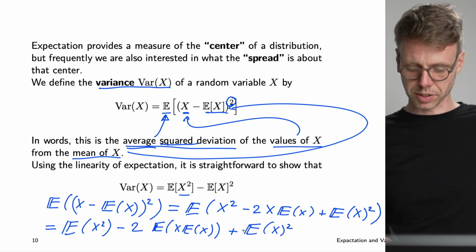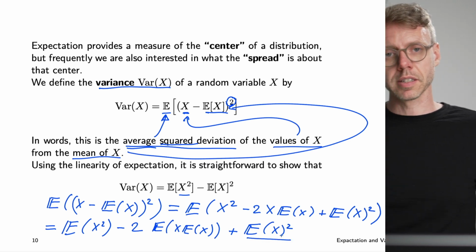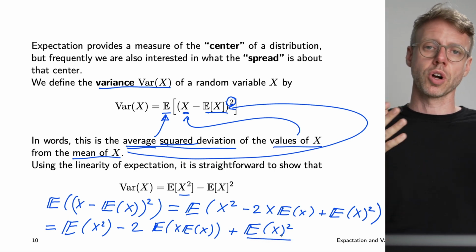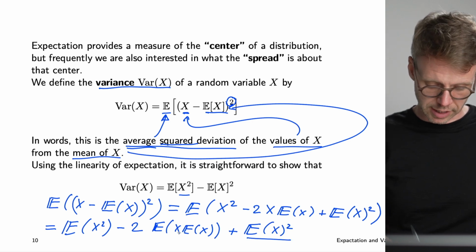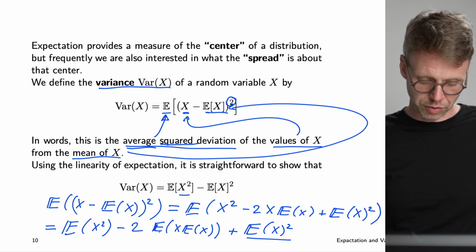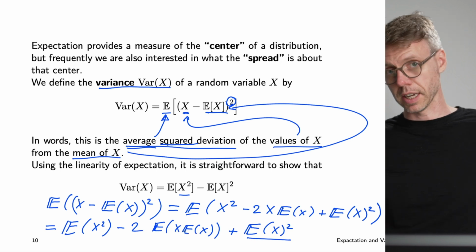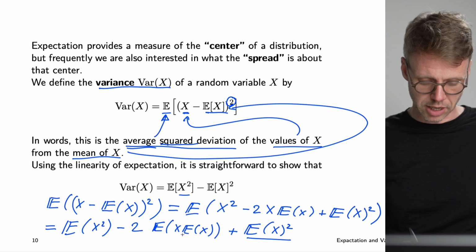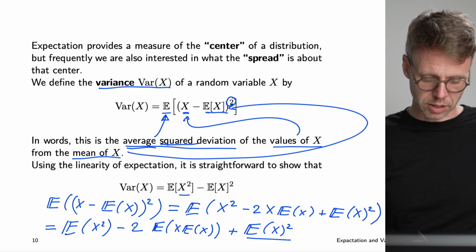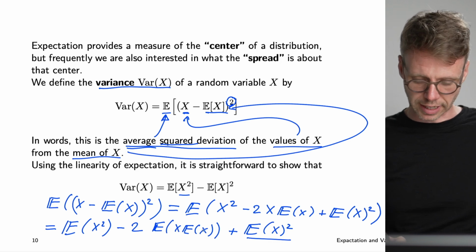And of course we would also take the expectation of the last term, but the expected value already is not a random variable anymore, it's a constant, so the expected value goes away. Now let's take the expectation of the middle term, the expected value of the product between x and E of x. E of x is just a constant, so we can pull it out of the expectation, which means that we get 2 times the expectation of x times the expectation of x.